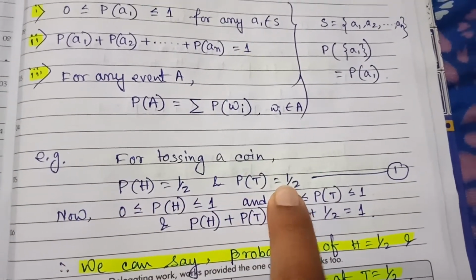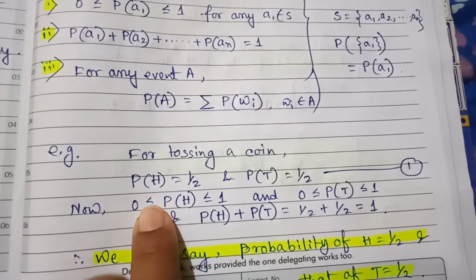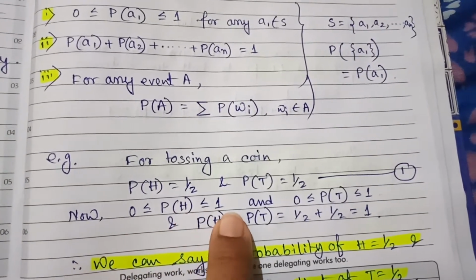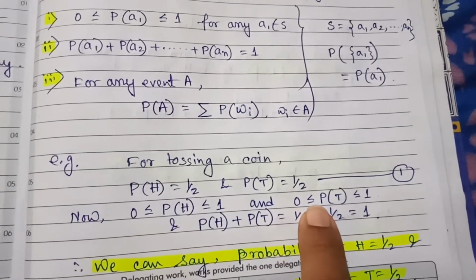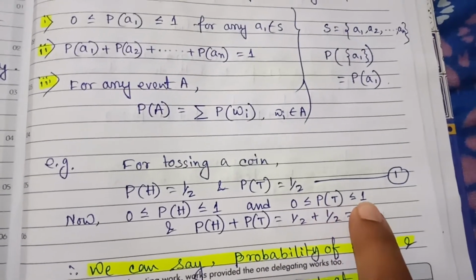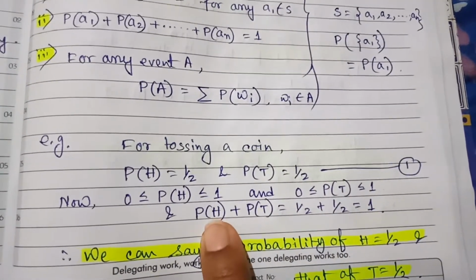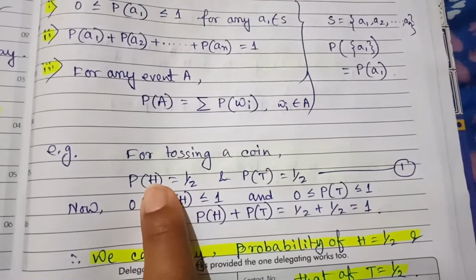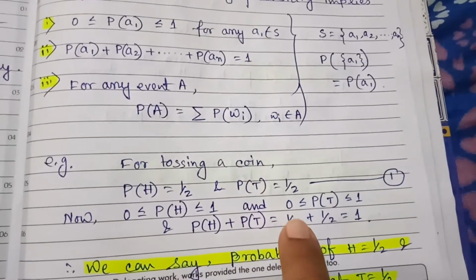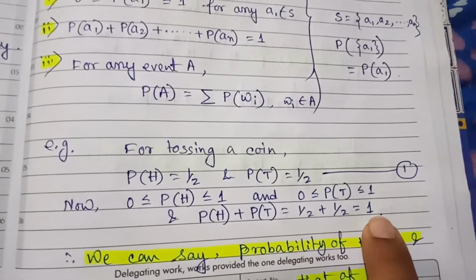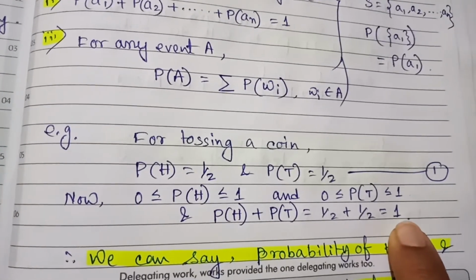So 0 less than or equal to P of H less than or equal to 1. It is valid. 0 less than or equal to P of T less than or equal to 1. It is also valid. Another thing, P of H plus P of T equals half plus half equals 1. So what can we say?